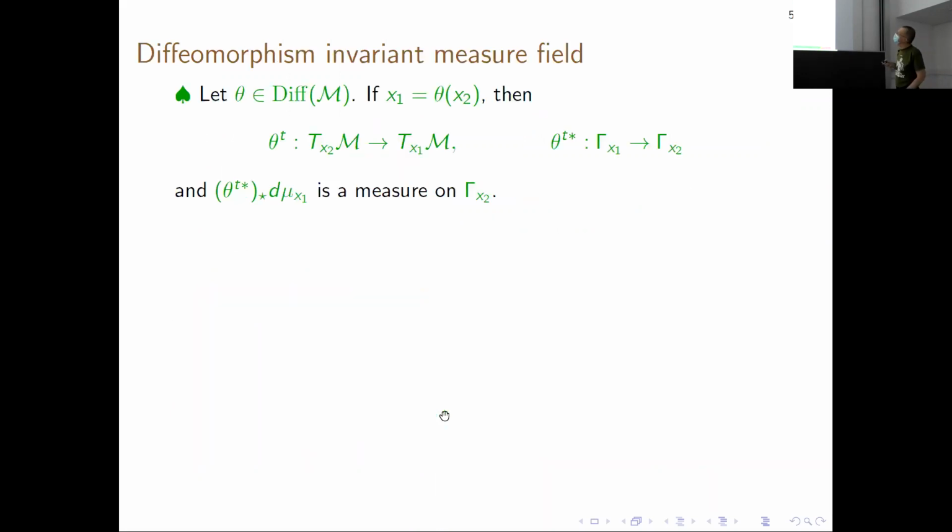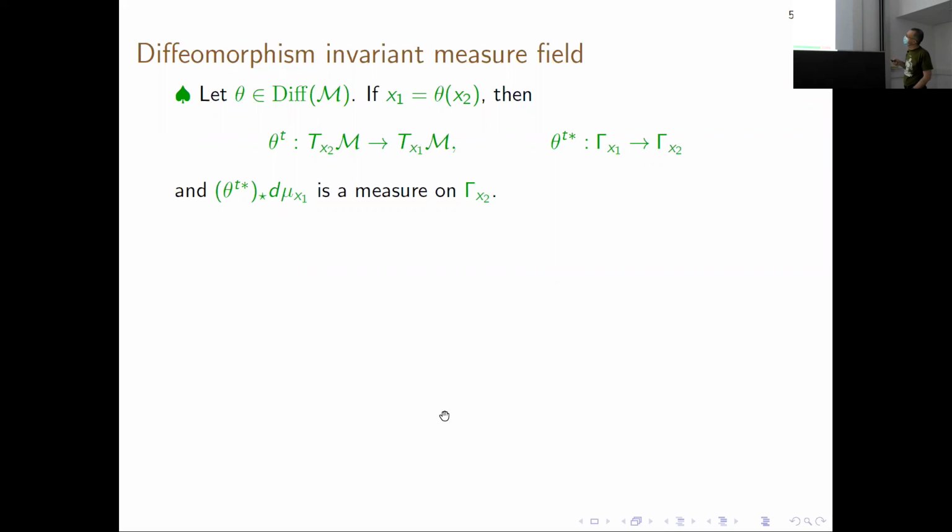Okay, so let theta be a diffeomorphism of M, and assume that this diffeomorphism maps a point x2 to a point x1. Then the tangent map, which will be denoted by theta t, maps this tangent space to this one. Now, each of these sets of scalar products is the set of scalar products on the corresponding space here.